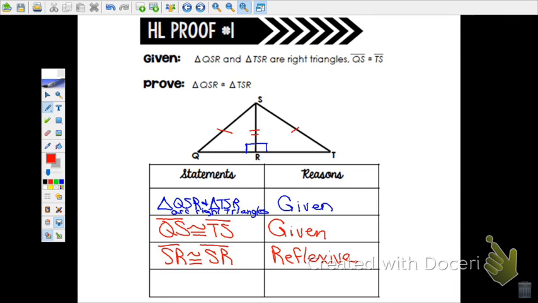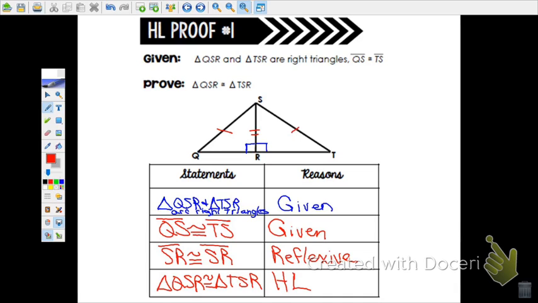When I look at my picture, I have three things marked. Is it the right three things? Yeah. So I have right triangles. The hypotenuses are congruent. That shared leg is congruent. So I know that triangle QSR is congruent to triangle TSR, and that's my hypotenuse leg theorem.